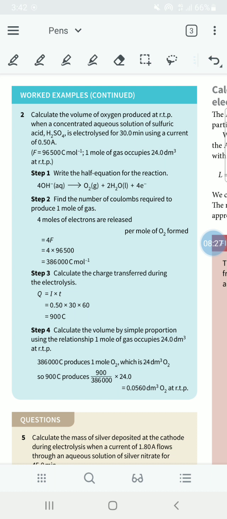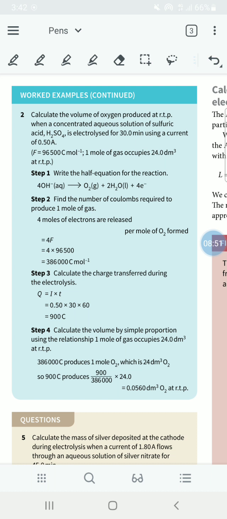Then we have to find out how much charge has gone through. Q equals IT. That would give you 900 coulombs. So 386,000 produces 1 mole. Then how much would be produced by 900? You divide 900 by 386,000 and multiply it by 24. Why?